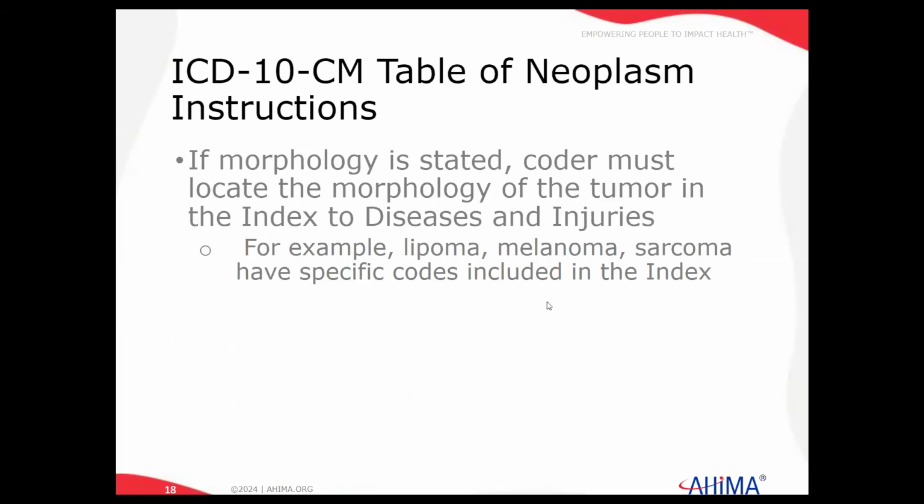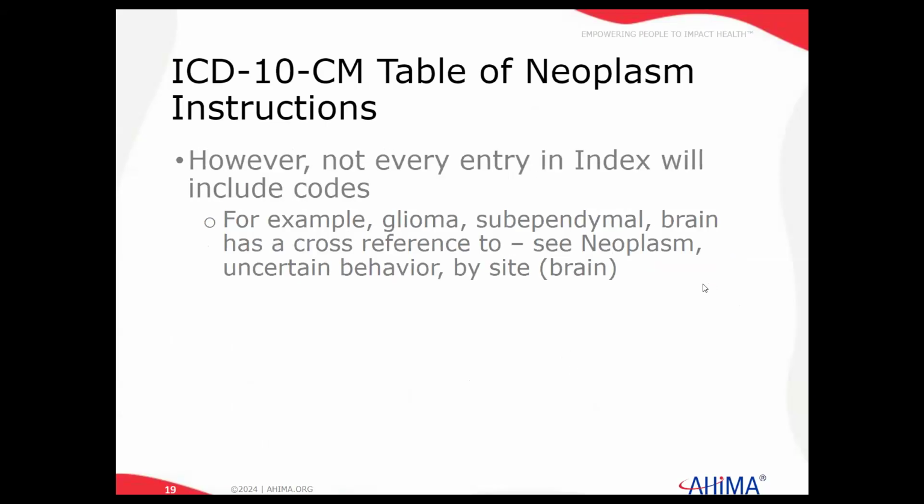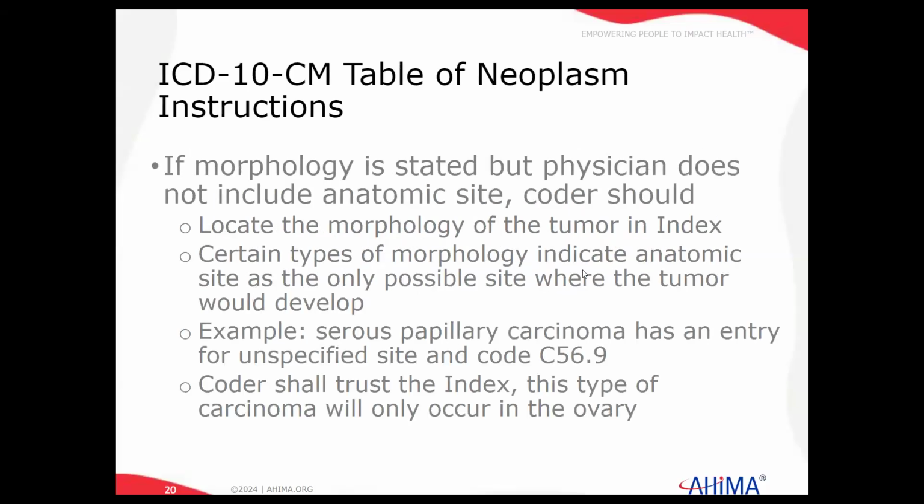All these will direct you to specific codes that are in the index. Not every entry with a morphological term is going to have a code right out of the index. For example, glioma will direct us to see neoplasm uncertain behavior by site. So that's where we get back to the neoplasm table.